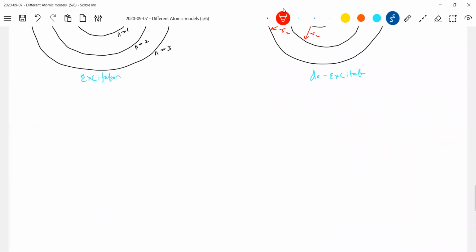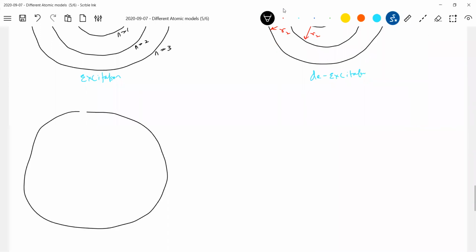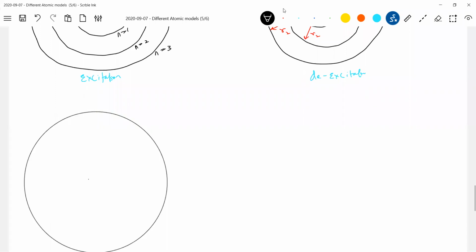So what is the next thing? We have to bring the expression for the radius of the nth Bohr orbit. The electron revolves with a speed, and this is the distance.